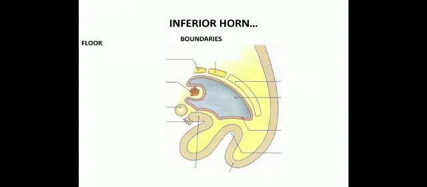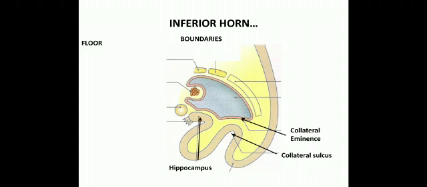The floor is formed by the collateral eminence raised by the collateral sulcus. Here the collateral sulcus is producing the collateral eminence. Then the hippocampus medially.